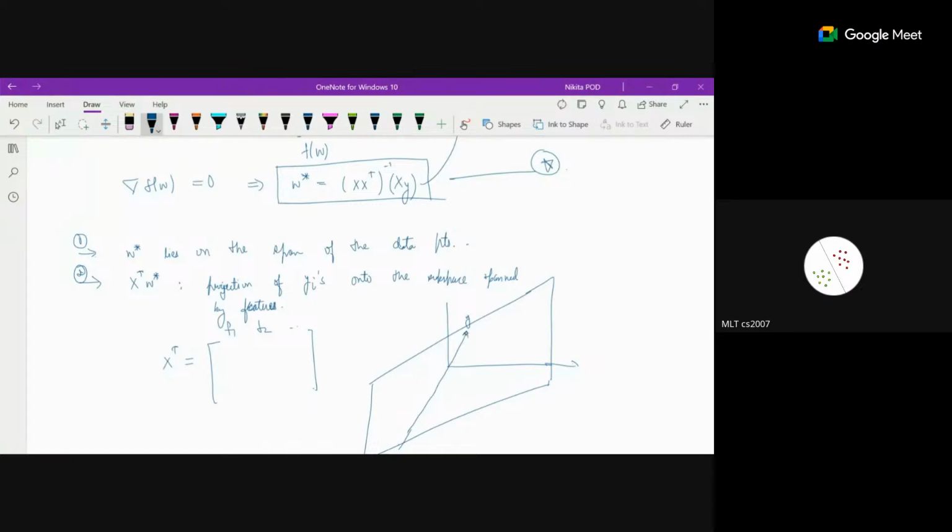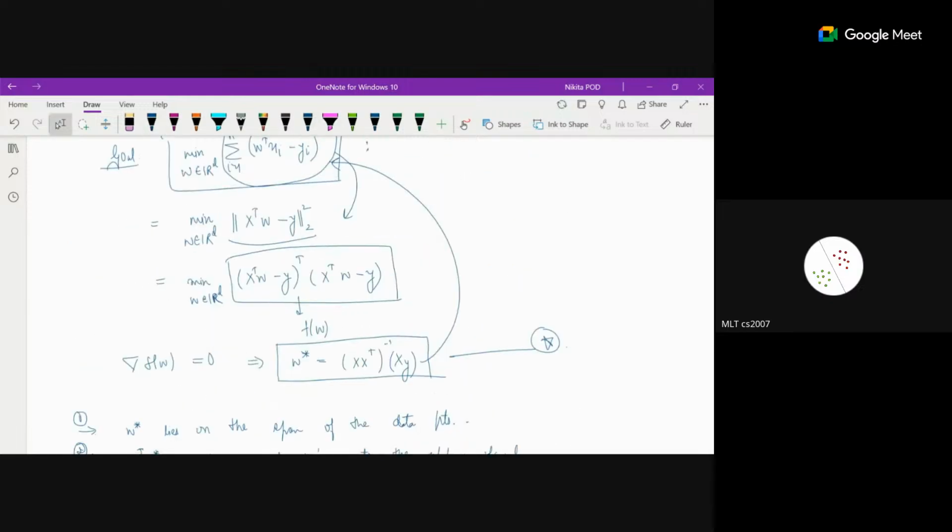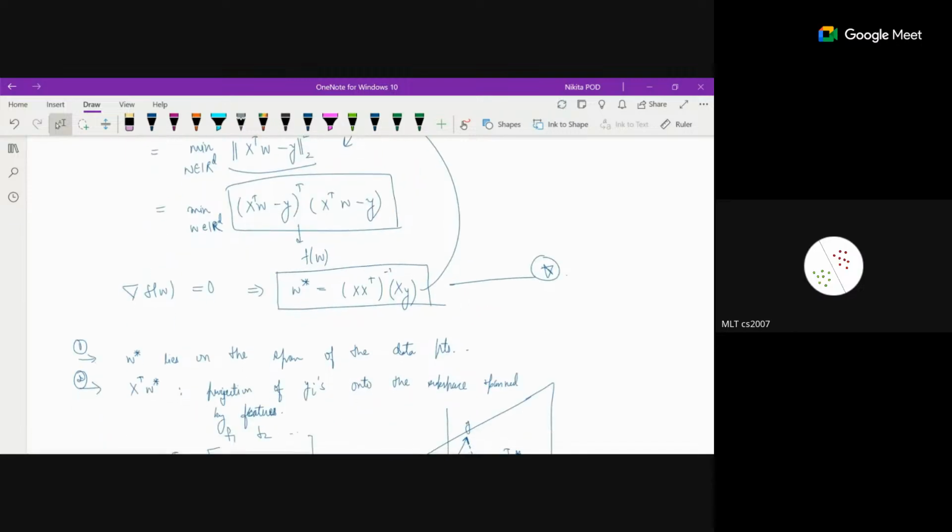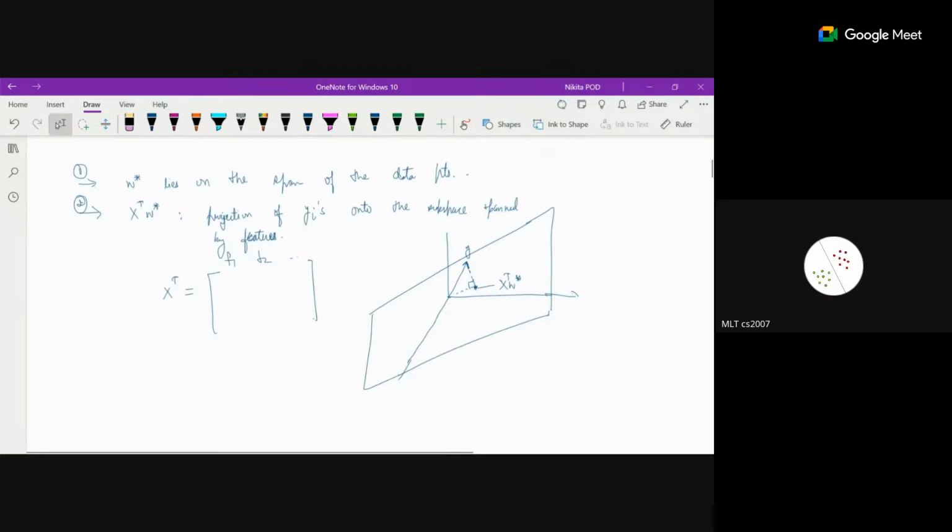So any y that we take, if we project it on the feature space, then we get this point over here to be X transpose alpha star, where alpha star was nothing but your W star. And W star is the optimal solution for your linear regression problem. So this is also one thing that we had seen while doing the linear regression problem.